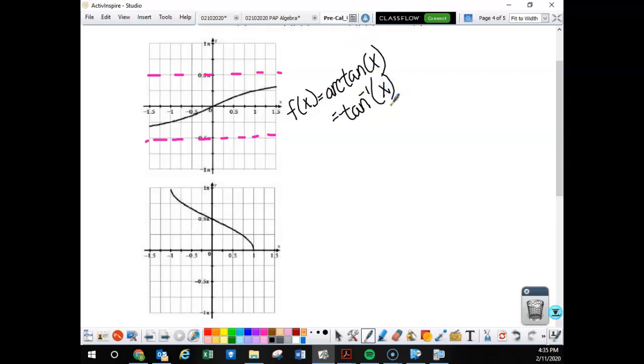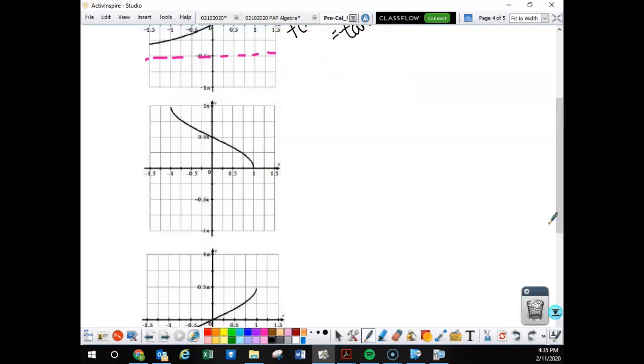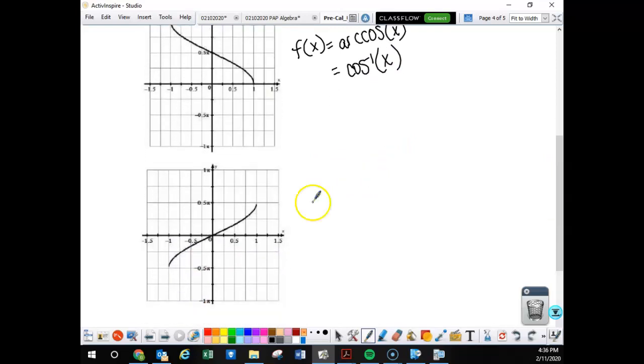Okay, this next one is going to be arc cosine, or cosine to the -1, the inverse cosine. And then obviously the last one is going to be arc sine.